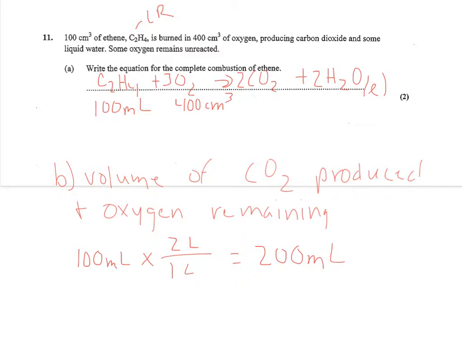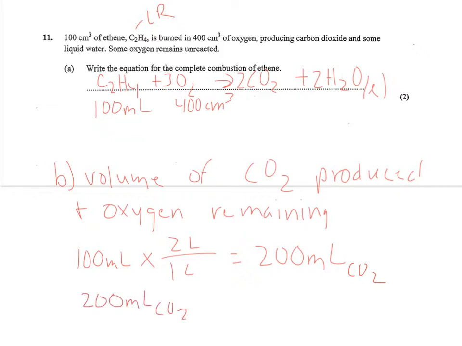So first I have to know how much oxygen I used. I can do it either way here. I can go ahead and use the 200 milliliters of CO2 and work backwards. If I had 200 milliliters of CO2, I can assume that I needed 3 moles of oxygen for every 2 moles of CO2.